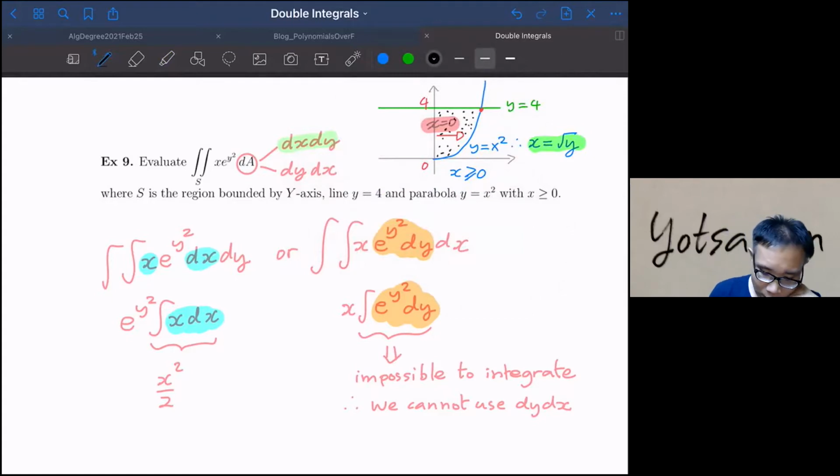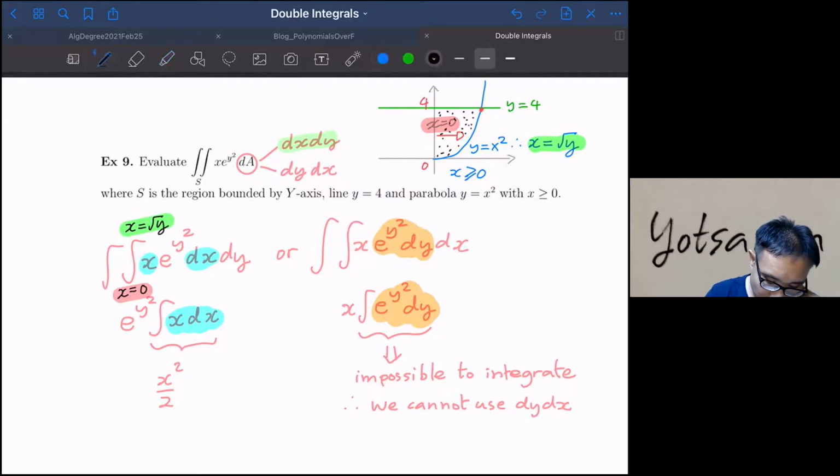You see that my left curve is x equal to 0, and your right curve is x equal to root y. So x goes from the left curve to the right curve, and y is going to cover from where to where?